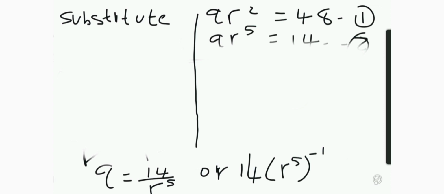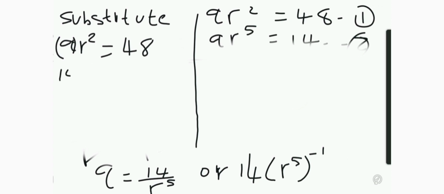So now I'm going to be having a into bracket 14. Let me show you what I mean here. Okay, are you ready? So ar^2 = 48, which is equation 1. We're going to make use of equation 1, like I said. Now in this equation 1, I want you to understand something.